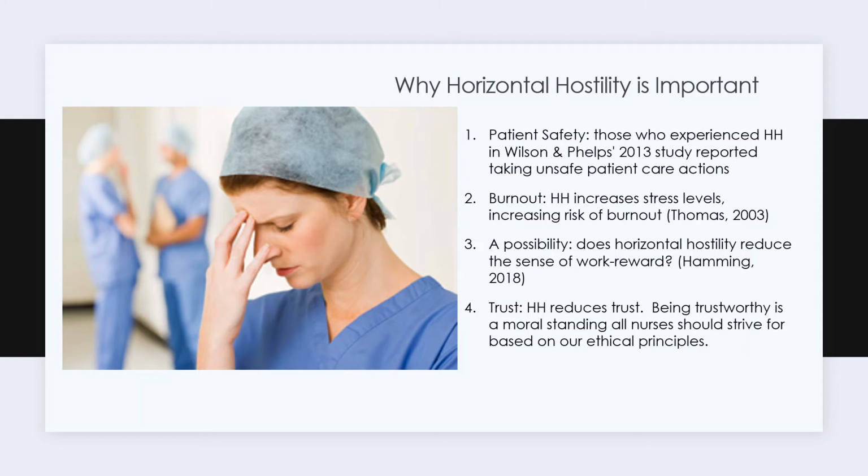Why is horizontal hostility important? As a type of workplace violence, horizontal hostility causes patient safety issues.